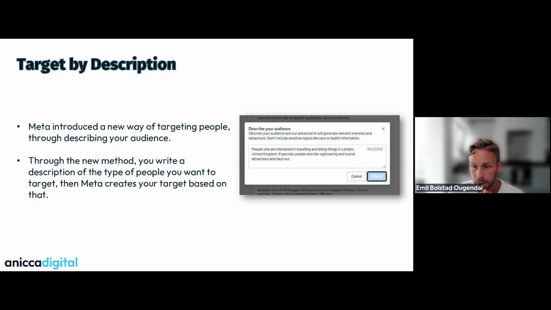So in this case, people who are interested in traveling and doing things in London, United Kingdom, just to make sure that they understand exactly what London, especially people who like sightseeing, tours, attractions, and days out. So you're adding in keywords within those sentences, so it's more conversational, and then you let Meta find relevant people based on what you've given them there.